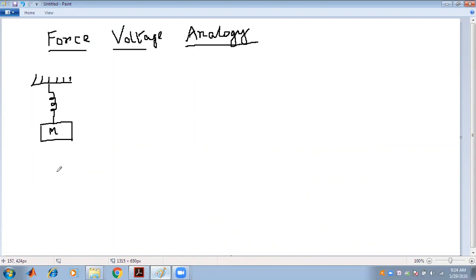This is the B, the dashpot or the damper, that we have already known provides the frictional force.